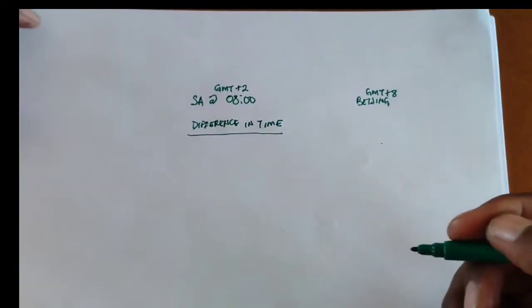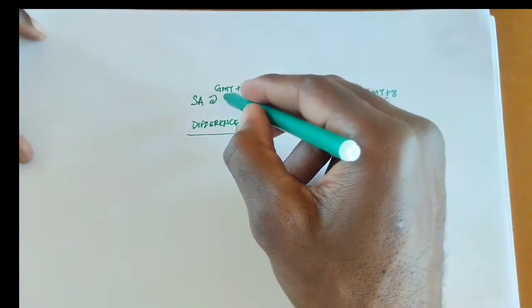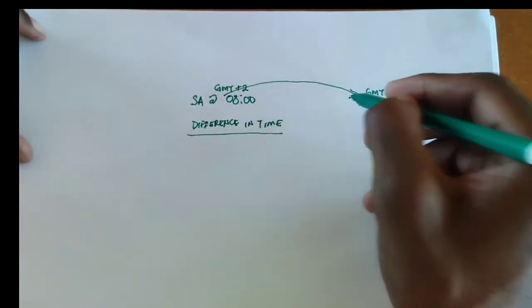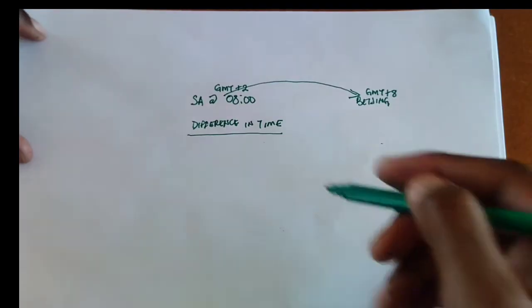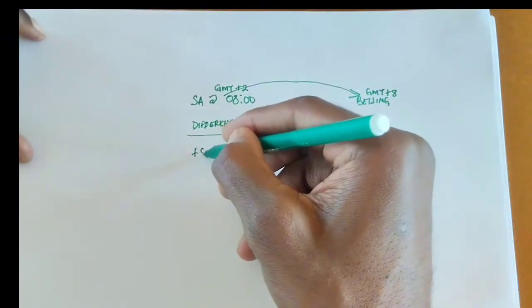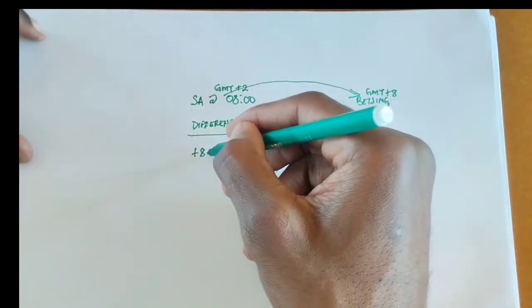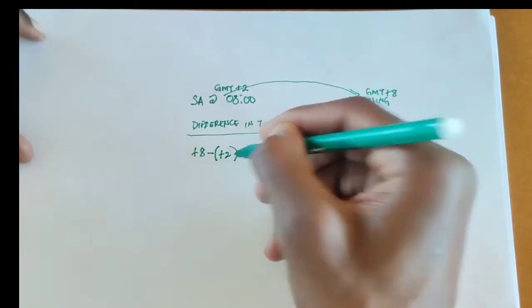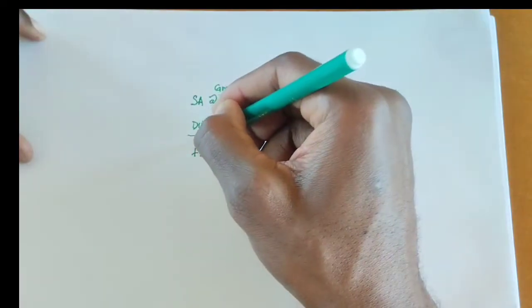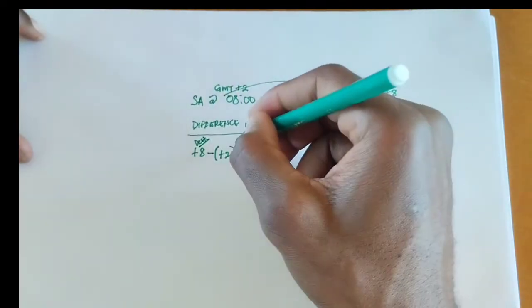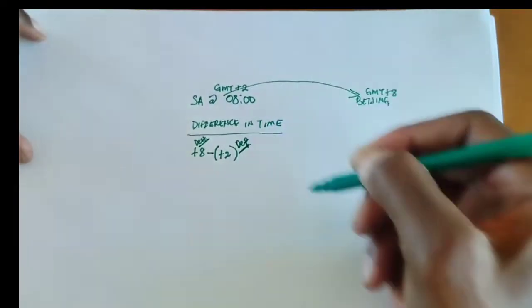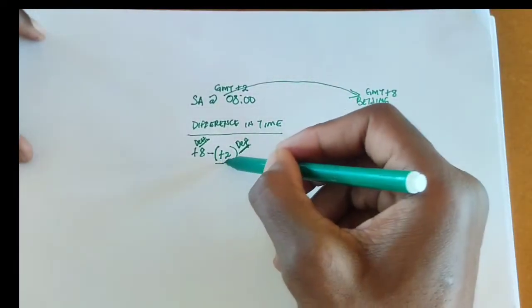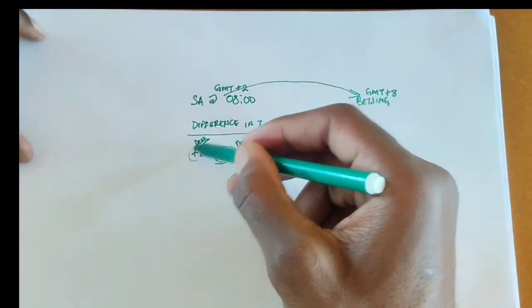So how do you get the difference in time? Remember, you are coming from South Africa to Beijing. So you are going to say Beijing is on +8 minus South Africa is on +2. So you are going to say the destination minus the departing point. And do not forget to put the sign of both.